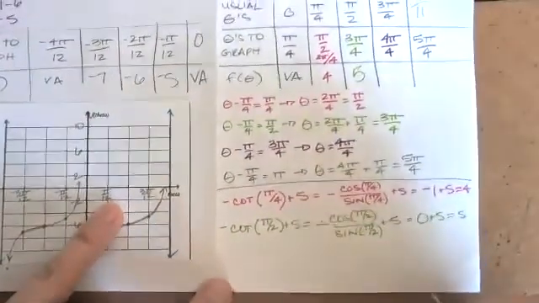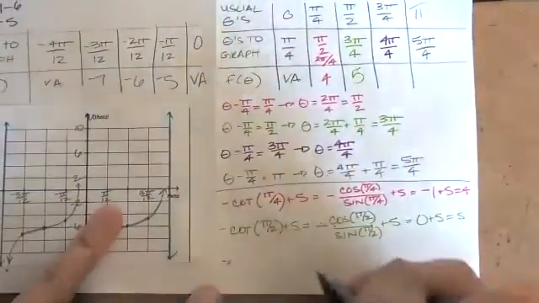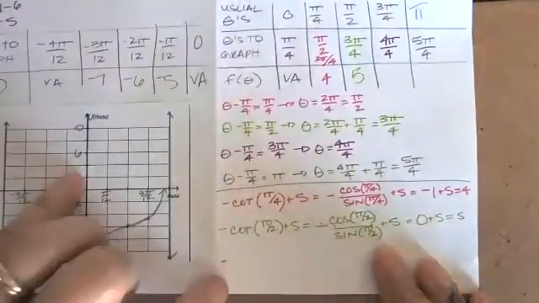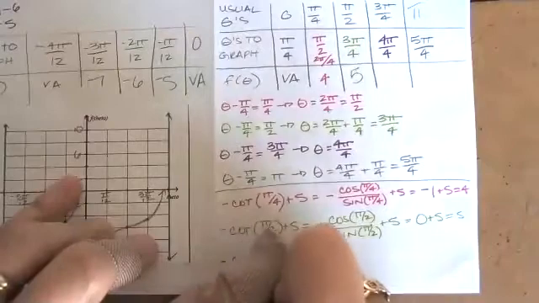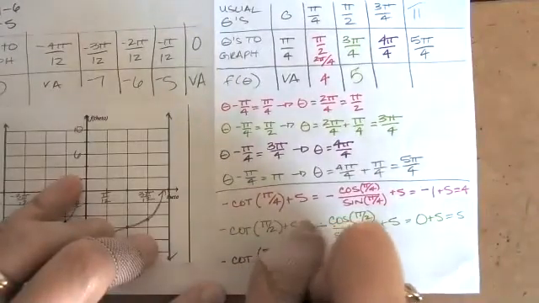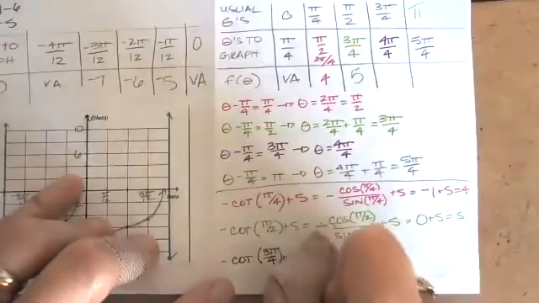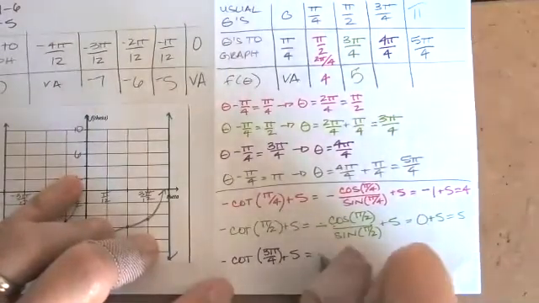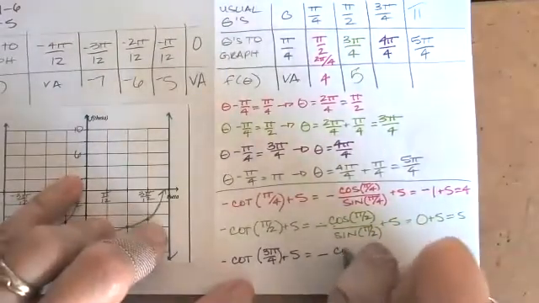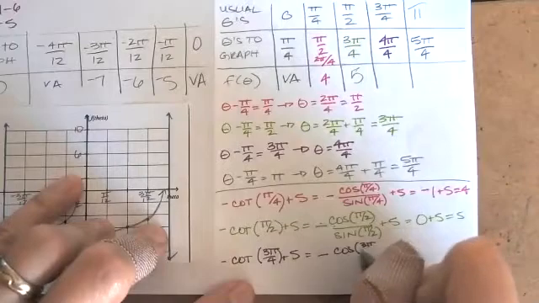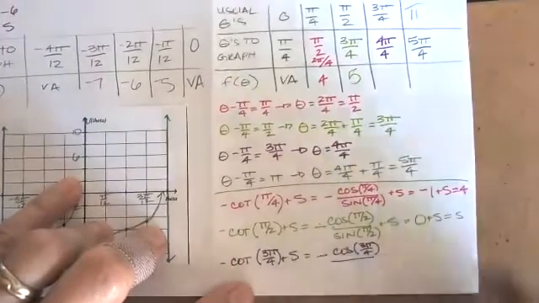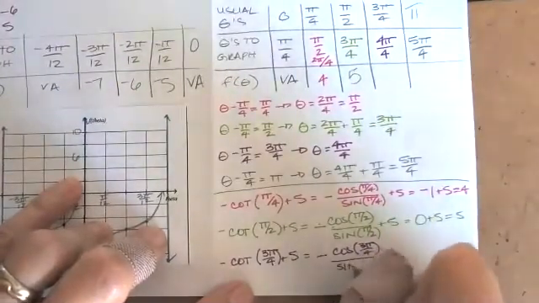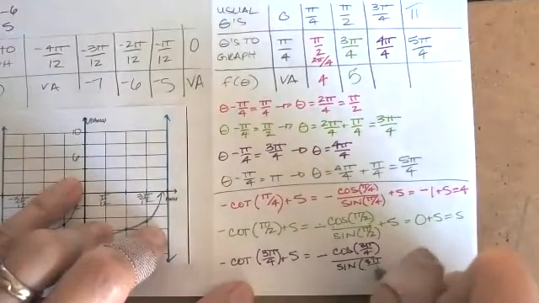Okay, next up we've got the opposite of the cotangent of 3 pi over 4 plus 5. So this is the cosine of 3 pi over 4. Now remember, this is the second quadrant where the cosine is negative, but the sine is still positive.